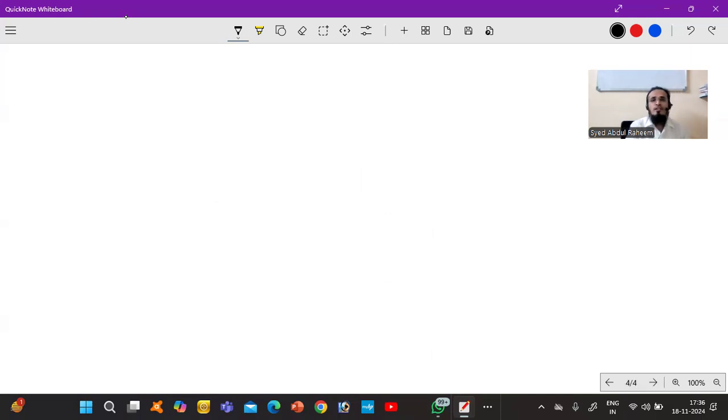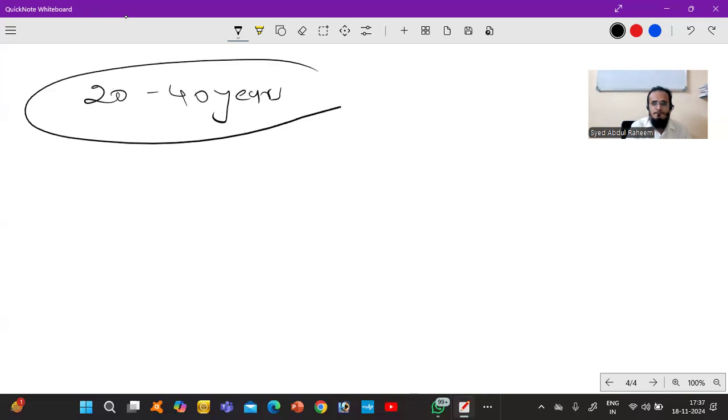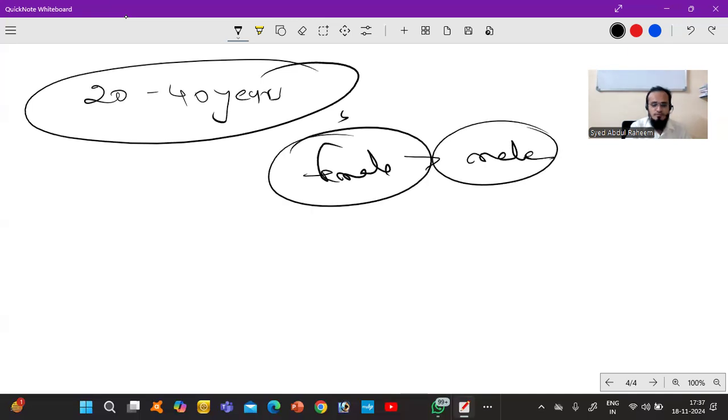So who will suffer from MS? Mostly the age group of 20 to 40 years, mostly female more than male. So what are the clinical features? Very important.